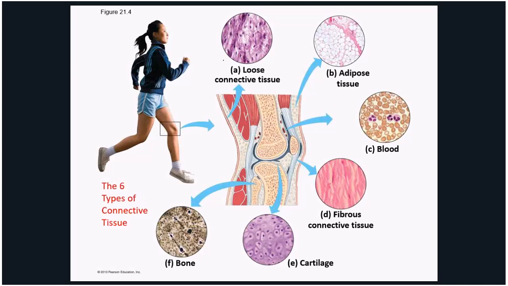Fibrous connective tissue. This one has a bit more structure to it than something like blood, so it's more dense. When something is harder, you would say the matrix that contains the cells is more dense. It's made up of collagen, which forms tendons that attach muscle to bones, and also ligaments, which join two bones together.